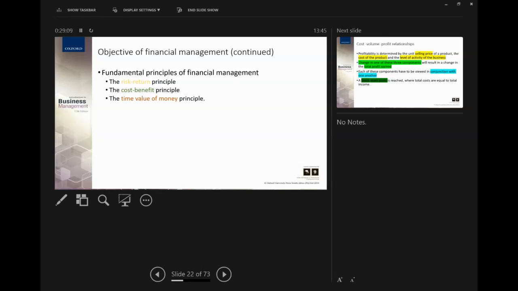Then here they're now just talking to the fundamental principles of financial management. Risk and return. Is it possible for me to get a return without taking on any risk? Highly unlikely.